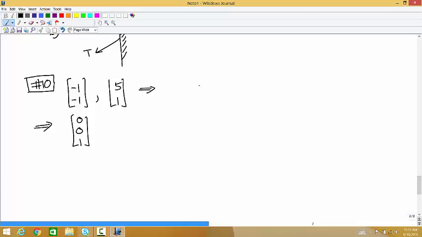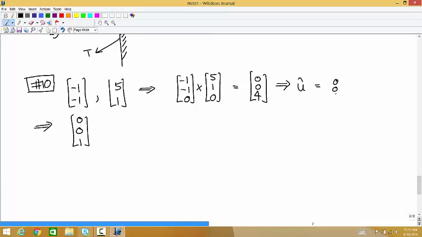First take the cross product, so -1, -1, 0, crossed with 5, 1, 0, gives you 0, 0, positive 4. And so the unit vector is 0, 0, 1.